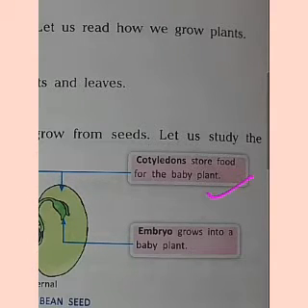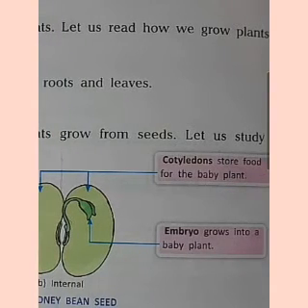Now, the second labeling shown here is the embryo. Embryo is a leaf-like structure. You all have surely noticed that when your mother sows gram seeds and leaves them for a day or two, they get sprouted and it is very healthy for us. So the sprout that is coming out, that is actually the embryo.